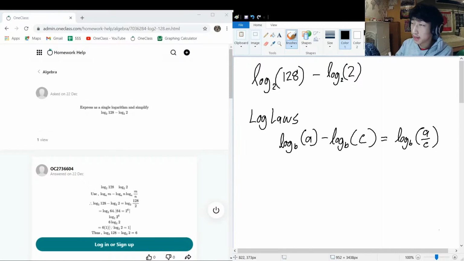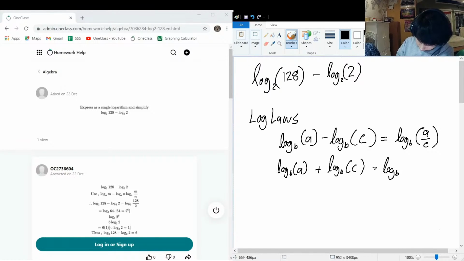So whoever is being subtracted is going on the downstairs of that. And another thing that's related to this is log base b of a plus log base b of c is equal to log base b of a times c.